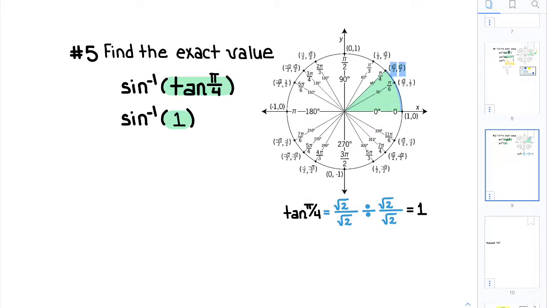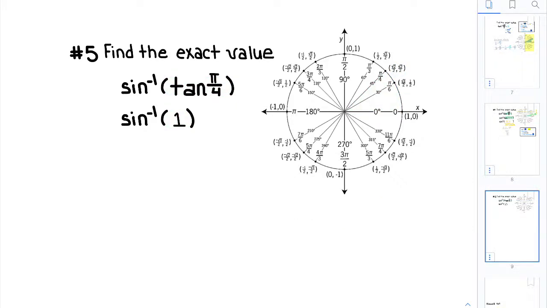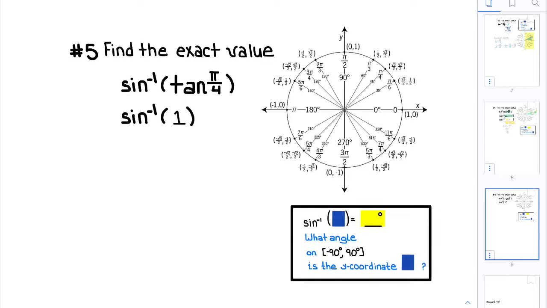Now I need to find sine inverse of 1. To find the sine inverse of 1, I want to ask myself, what angle measure from negative 90 to 90 degrees is the y-coordinate equal to 1?